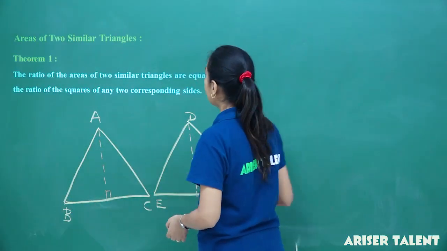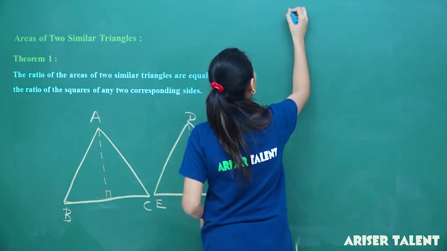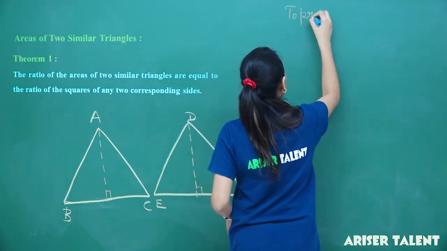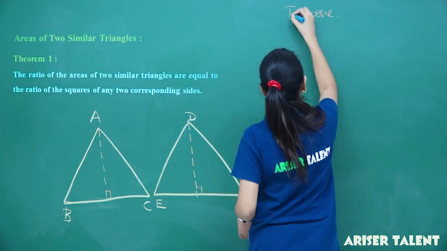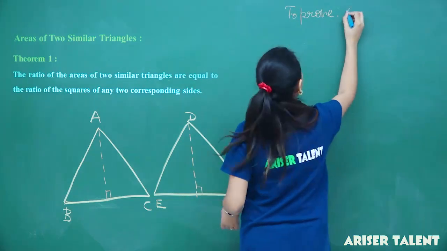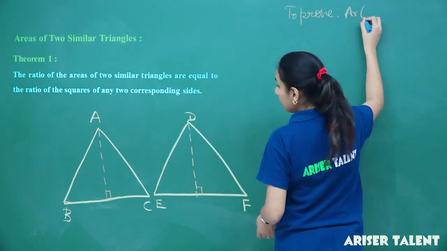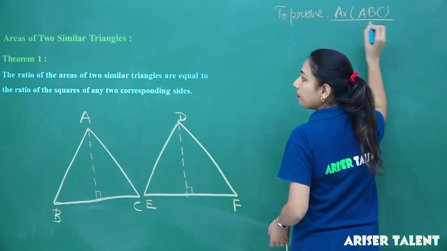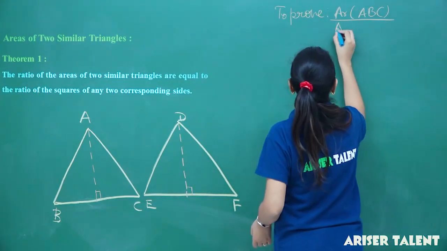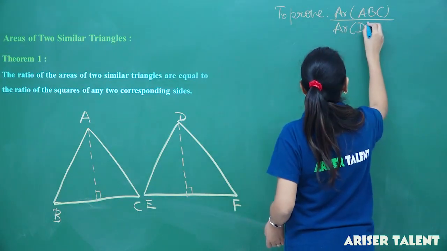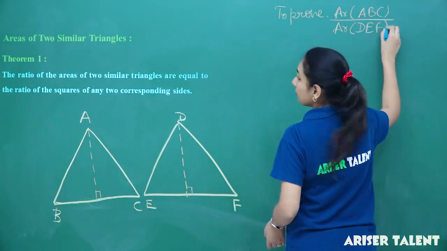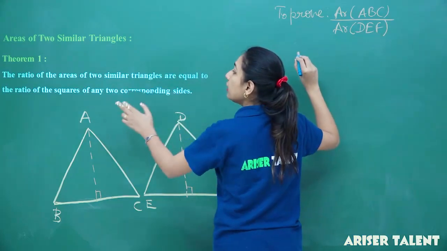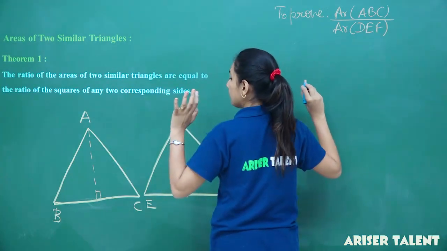Now for the ratio of the areas, we have to prove that area of triangle ABC by area of triangle DEF equals the ratio of the squares of any two corresponding sides.